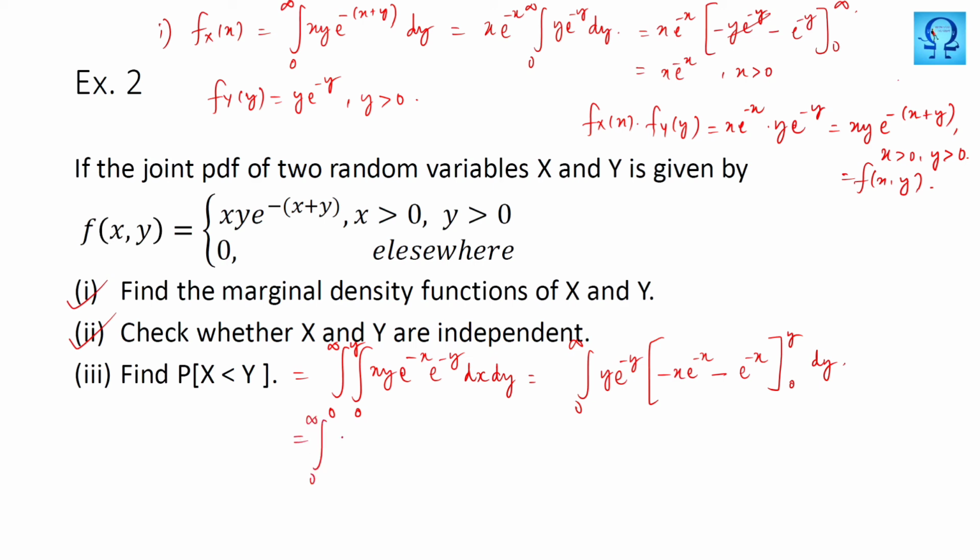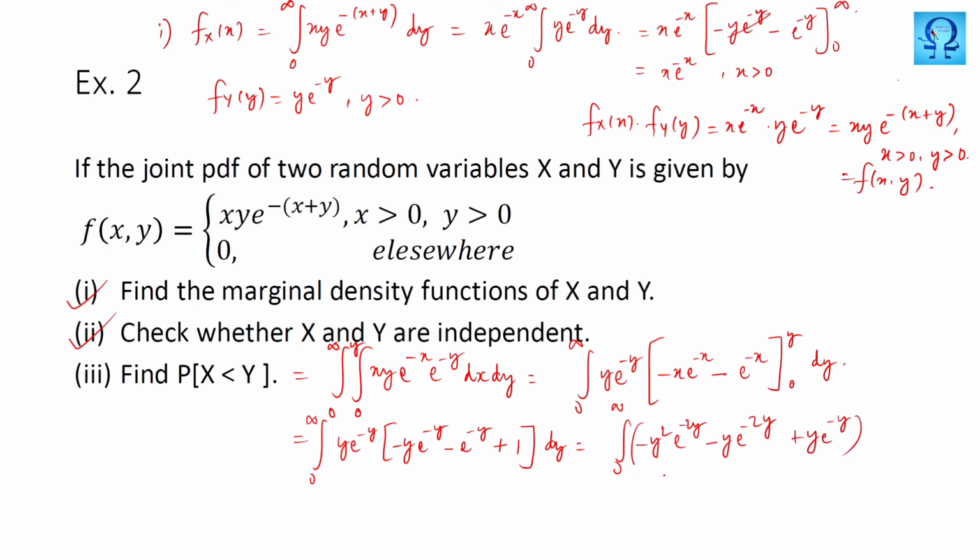Okay, so integral 0 to infinity y e to the power minus y, and when we substitute it, minus y e to the power minus y and minus e to the power minus y, and when we substitute the lower limit it is 0, and this would be plus 1, and dy. Okay, so integral 0 to infinity of minus y square e to the power minus 2y, minus y e to the power minus 2y, and plus y e to the power minus y, dy.